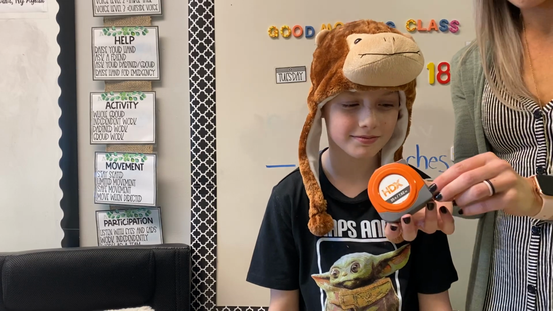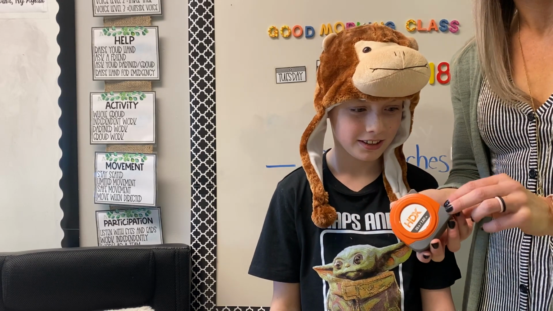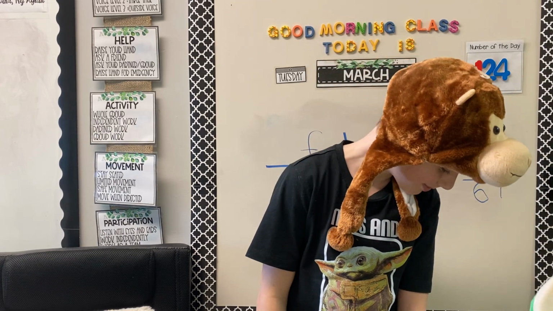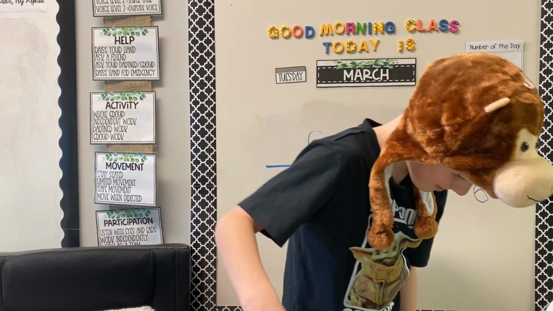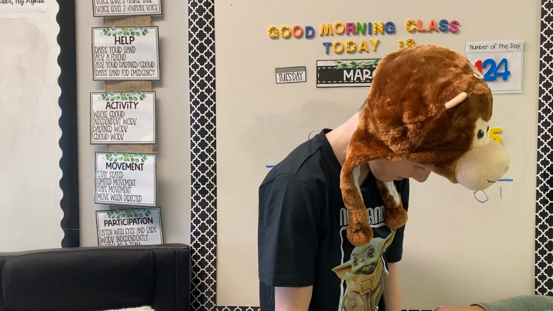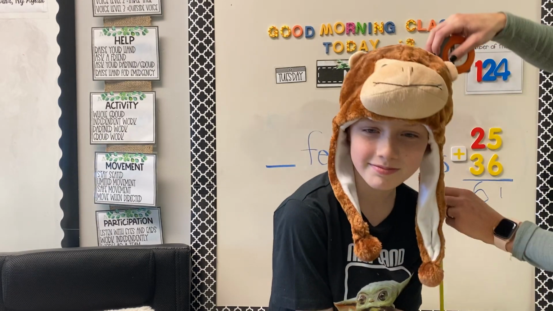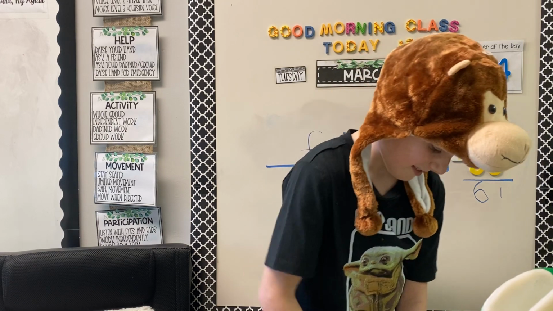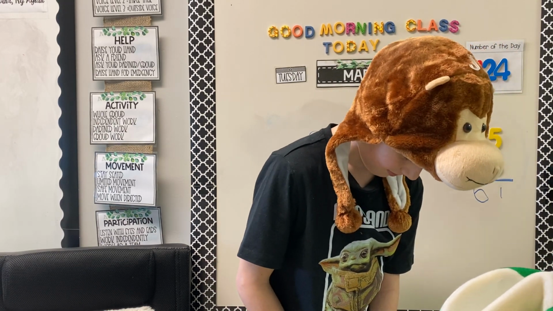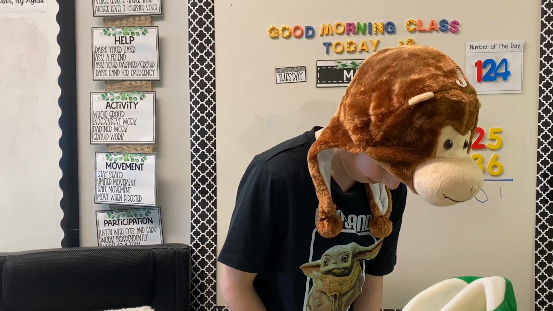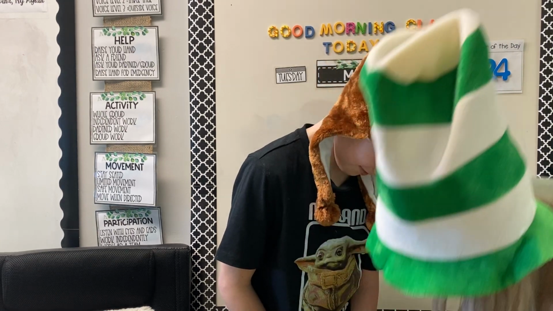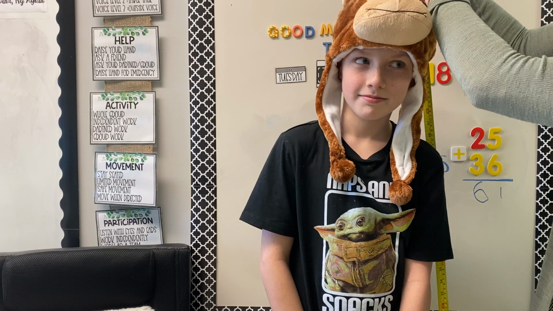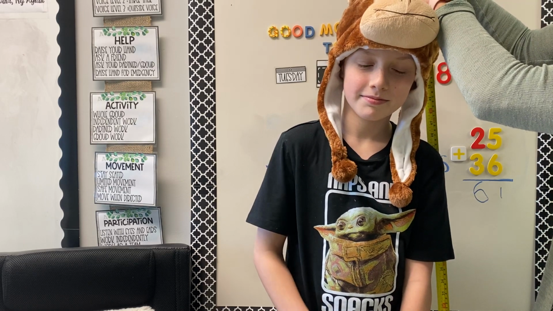So I'm going to use a measuring tape to measure how tall our little monkey is. Here, monkey, you want to put your foot right on the edge of that measuring tape? Oops, let's try that one more time, boys and girls. You want to put your foot on it so it holds there? All right. Excellent, little monkey.